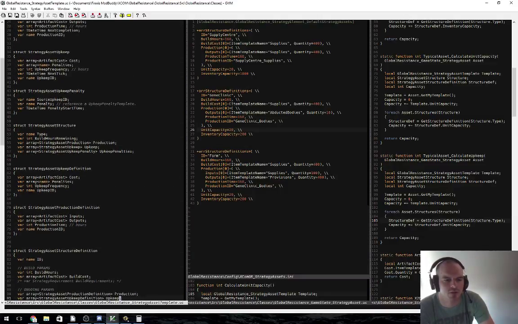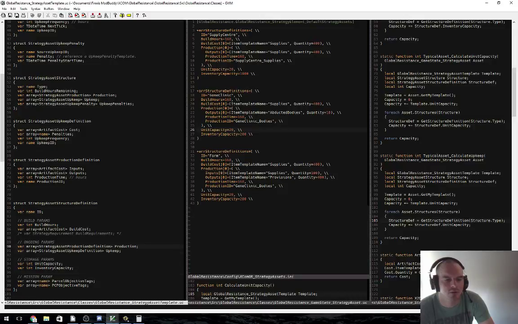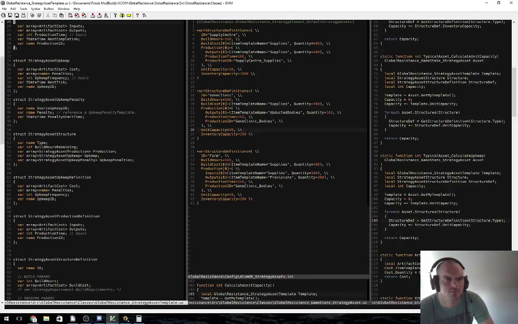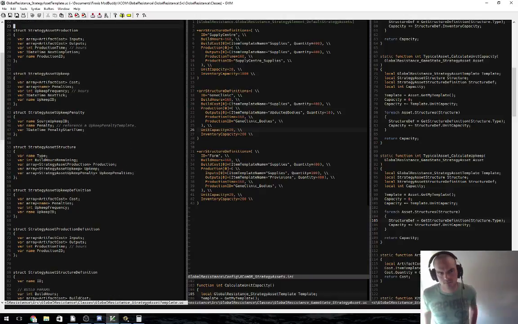This structure definition has production definitions. And a production ID. So the production ID is there to ensure that we don't overwrite stuff.